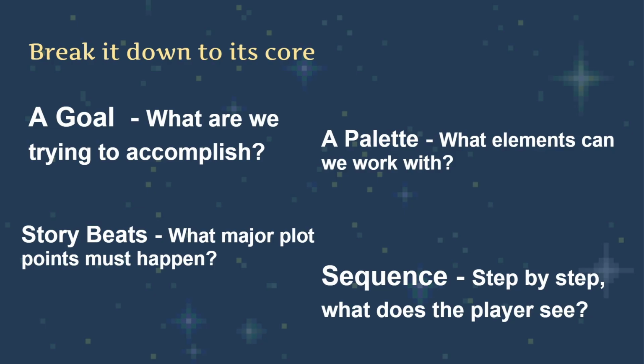And even if there are interactive elements or multiple paths you can go down, there's always a linear sequence of time where the player does things step by step by step. So writing all those things out, getting a clear idea on paper of what it is you're going to do will help everything else in the process.